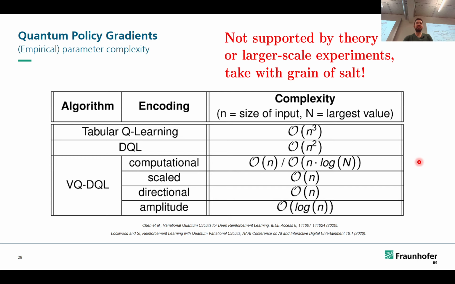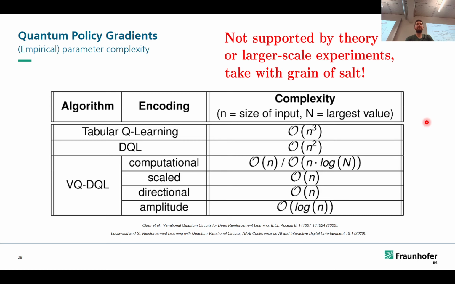And then also basically the next result has to be taken, at least I claim, with a big grain of salt, because they did some comparison on parameter complexities there for typical classical and quantum algorithms.